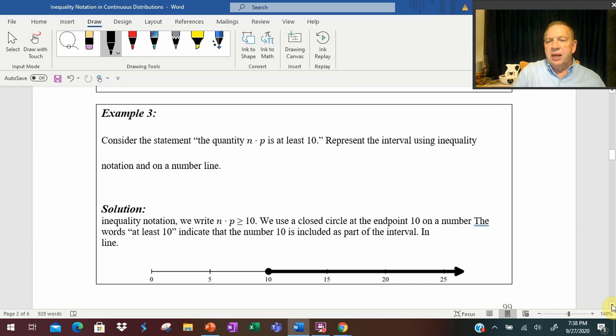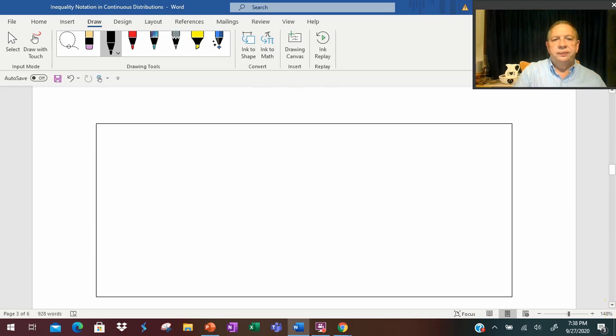At least 10 implies 10 as well, and anything bigger than 10 would work. Okay, so in inequality notation, n times p greater than or equal to 10 would be that notation, and this would be the graphical representation of the interval.